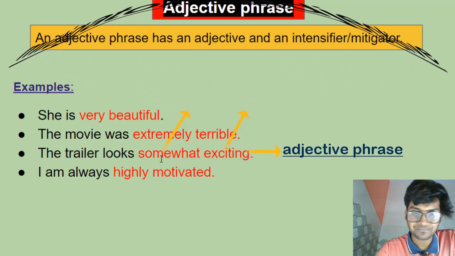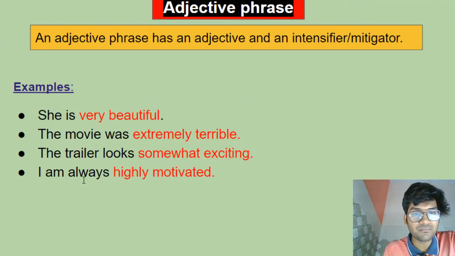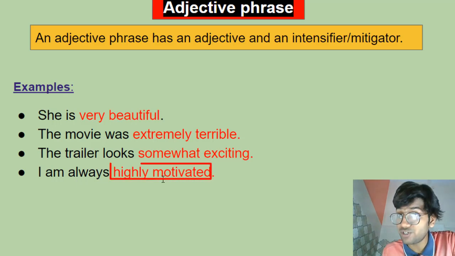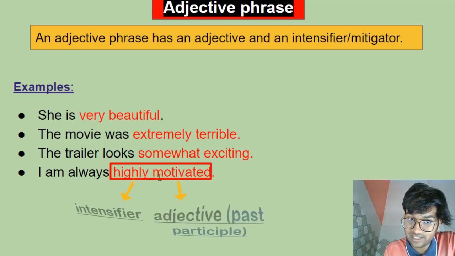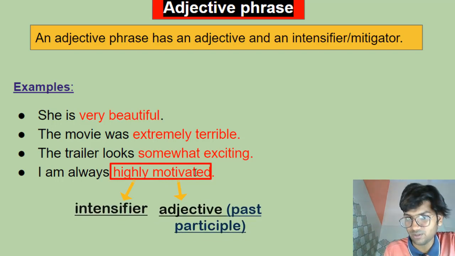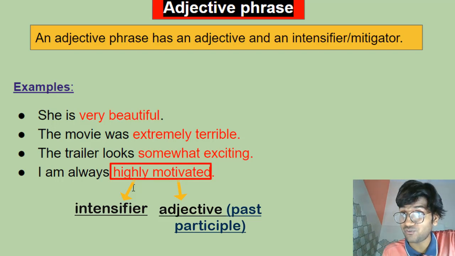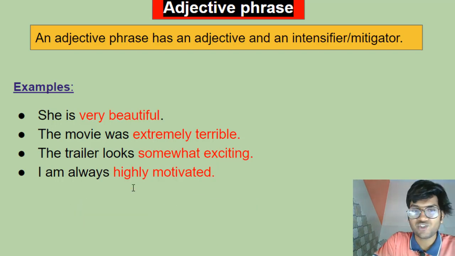Mitigating its meaning. For example, I am always highly motivated. I am how? Highly motivated, adjective phrase. What is the adjective? Motivated, a past participle working as an adjective. Now highly is an intensifier, that's making the adjective stronger, intensifying its meaning. Okay, so these are adjective phrases.